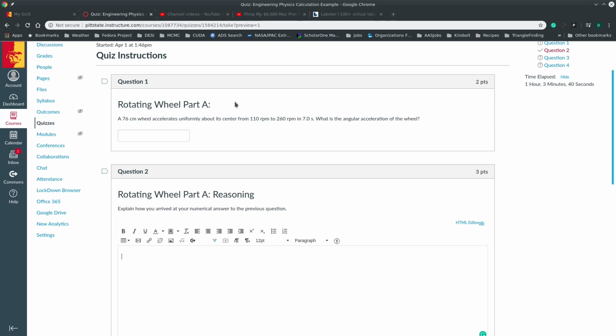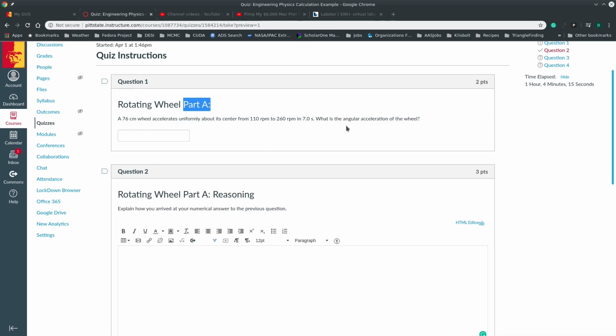So I had to break any multi-part question that I wanted to ask you into separate quiz questions on Canvas. In order to keep you all aware of which different quiz questions are part of the same overall problem, I made sure to give each of them a title and then label the particular part. So we can see here I've called this question rotating wheel, and here is part A.